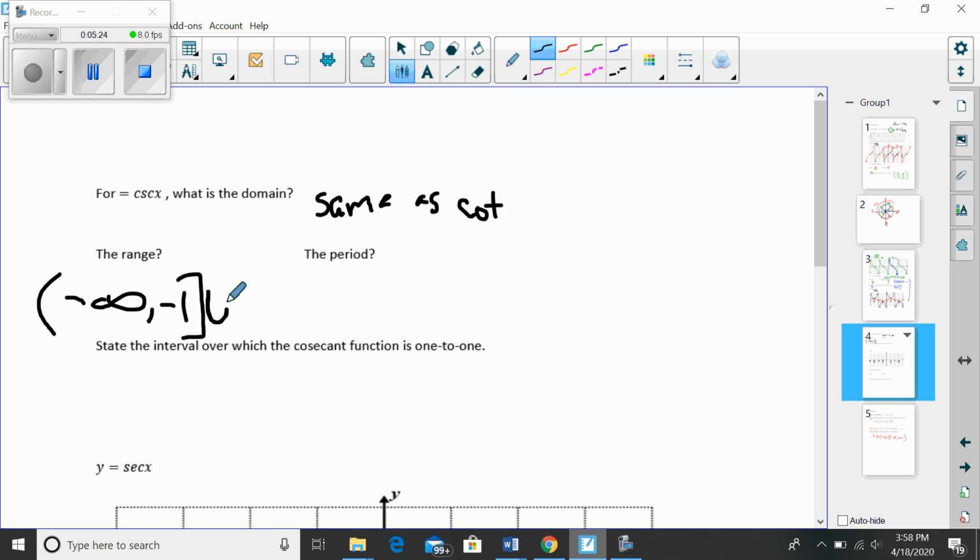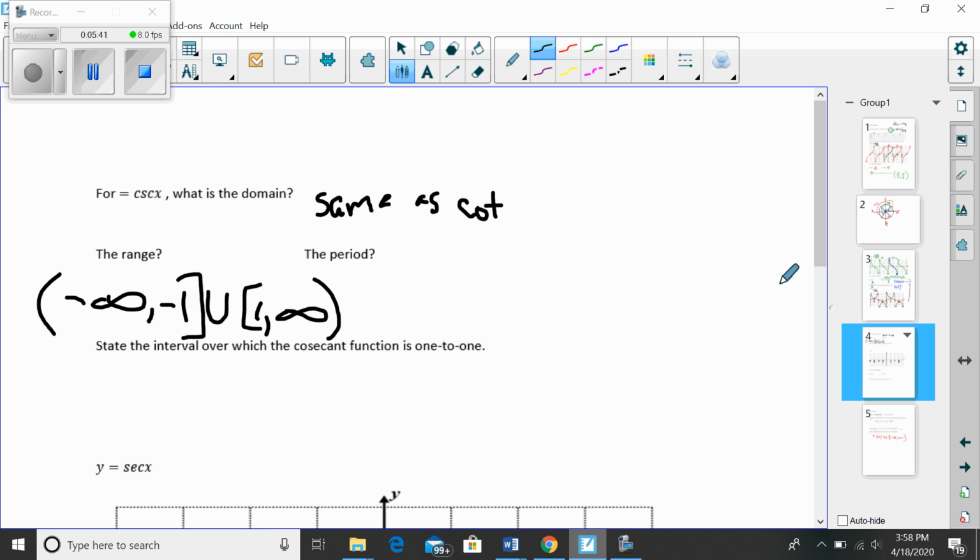But everything in red, other than the point 1, is not included as a possible output for the cosecant curve. So here's the range for cosecant.